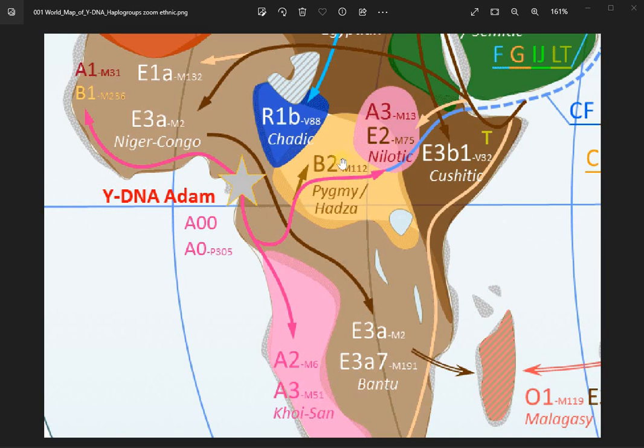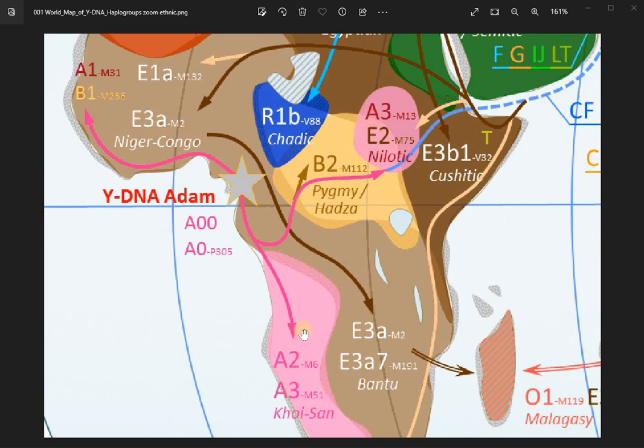So this is dense forest, very humid, no place convenient for cultures, and this is very arid, no place convenient for cultures, so they retreat in those places.